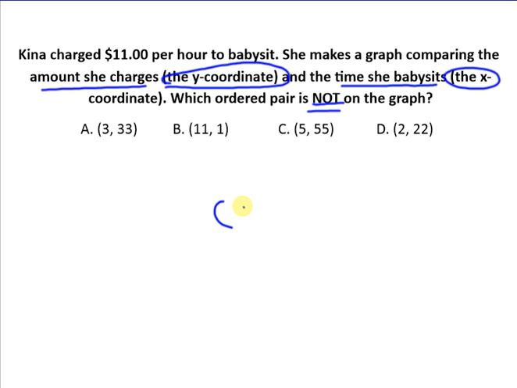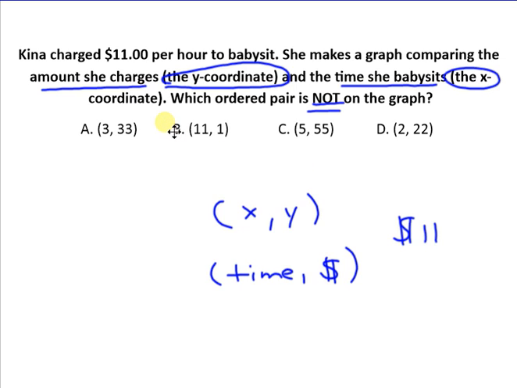So if she has x, y, that's going to be time, money. Which one of these are not possible if she charges $11 per hour? Go ahead and pause the video to make your selection.